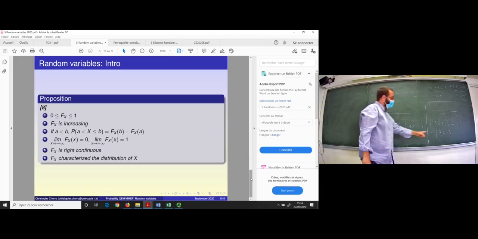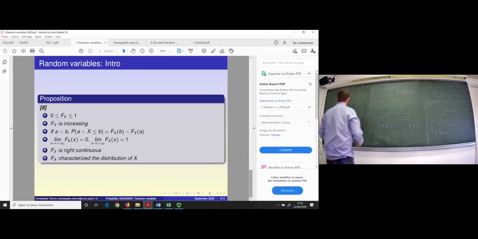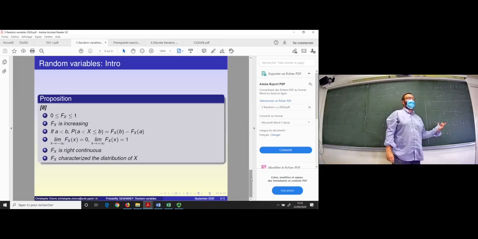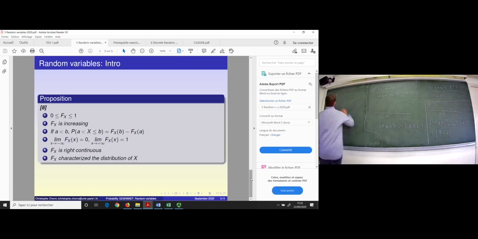I have the probability that X is less than or equal to B. That is equal to what? I have the probability of a disjoint union. The probability of a disjoint union is equal to the sum of the probabilities. It's finished, in fact. Why?